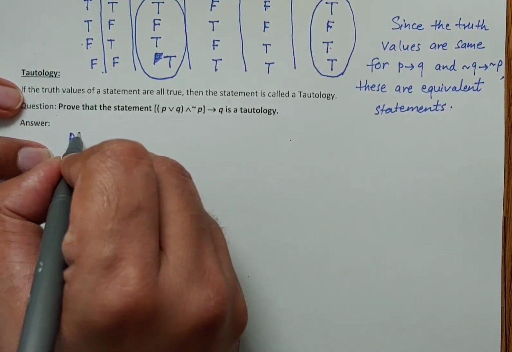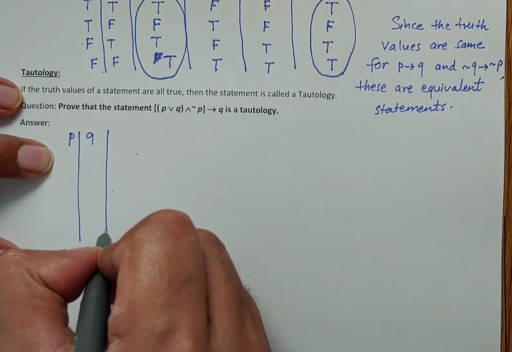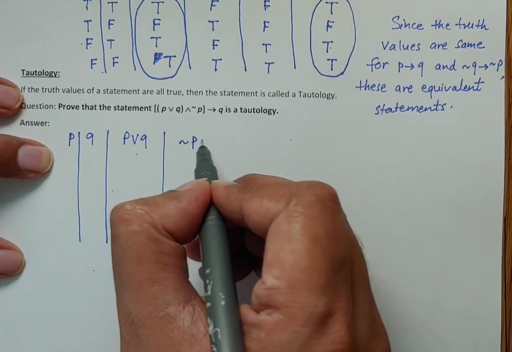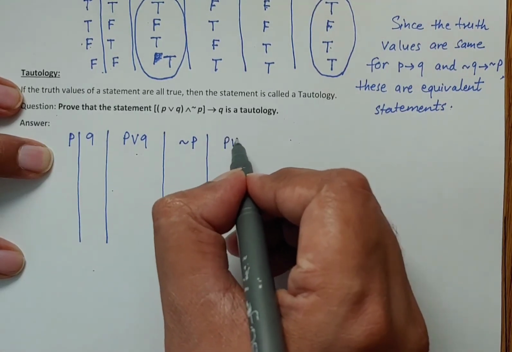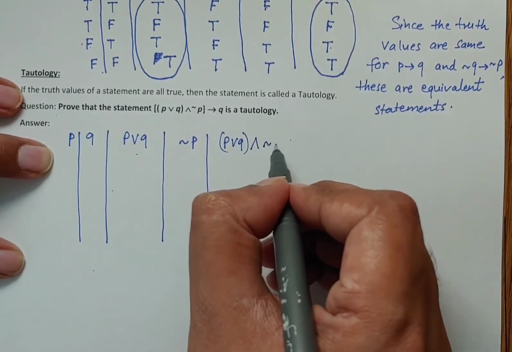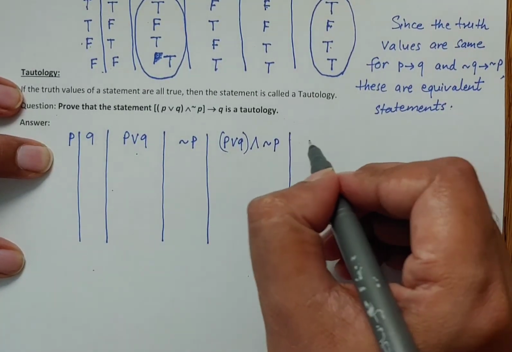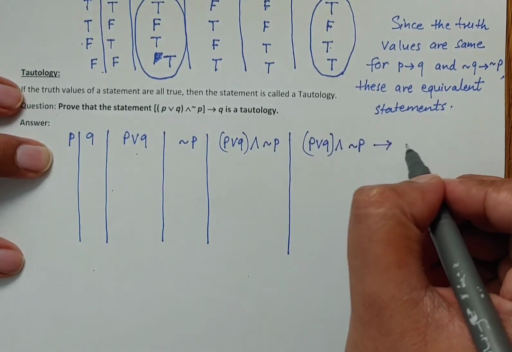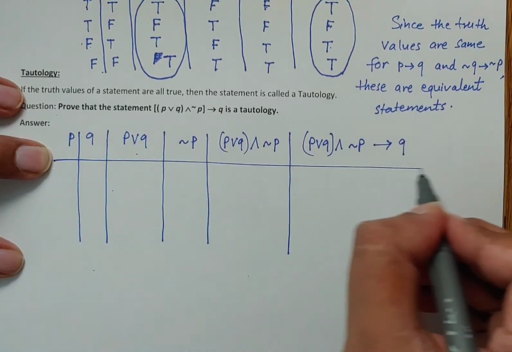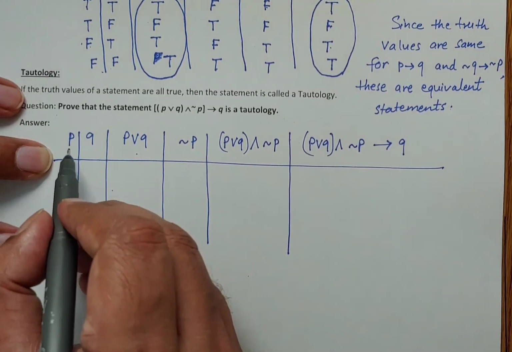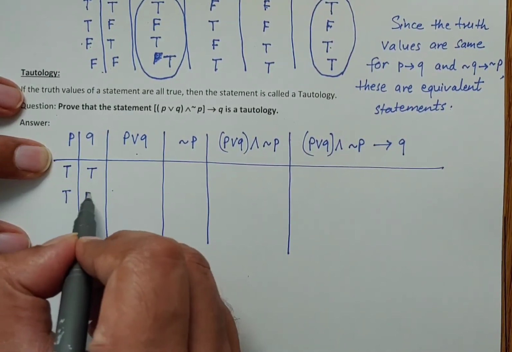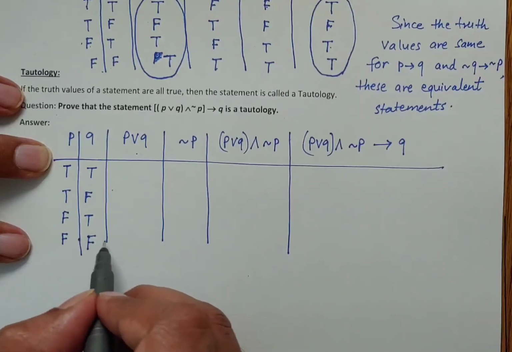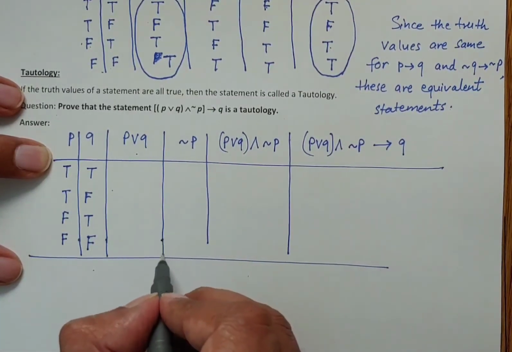P, Q, P or Q, negation of P, P or Q and negation of P, and P or Q and negation of P implies Q. Okay, so true, true, true, false, false, true, false, false. So these are the possible cases.